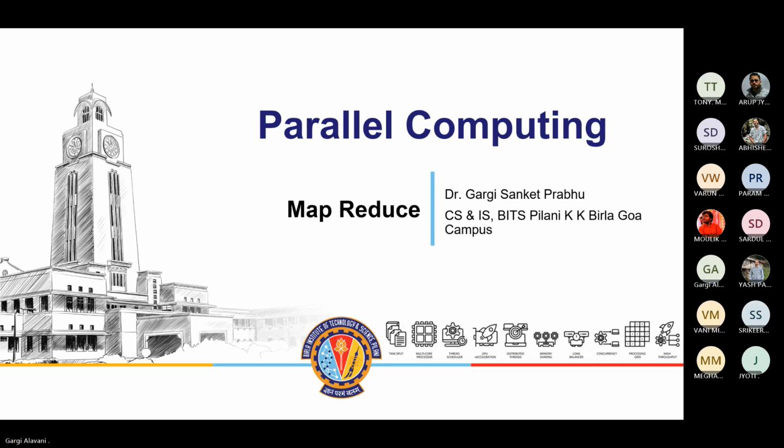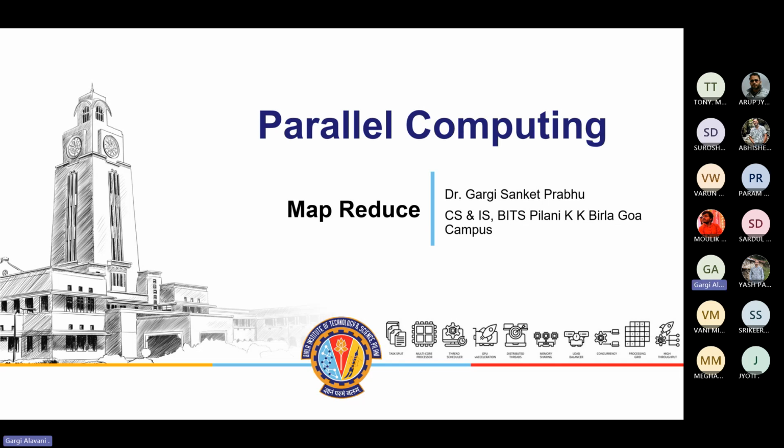If you recollect, last class we discussed scale out, which is called horizontal scaling, a strategy of increasing a system's capacity where we add more machines to a distributed network.